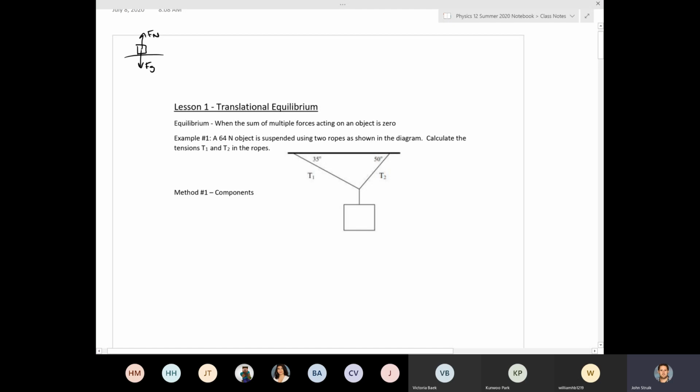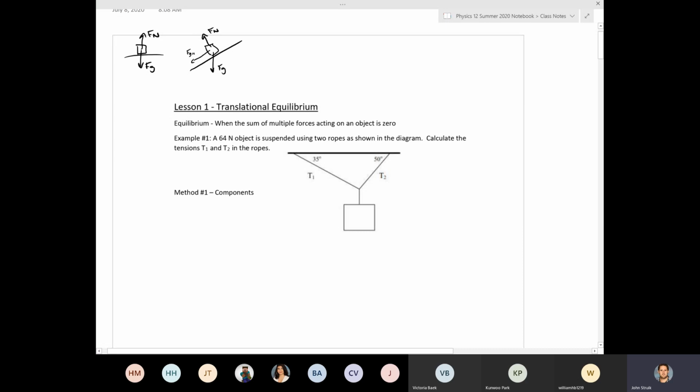If we were to tilt that table, your FG would still be going down, your FN would be going that way, and hopefully your teacher taught you how to break these into components. Have you guys heard of FG parallel? Did anyone not learn that? Like inclined planes? No? Okay.